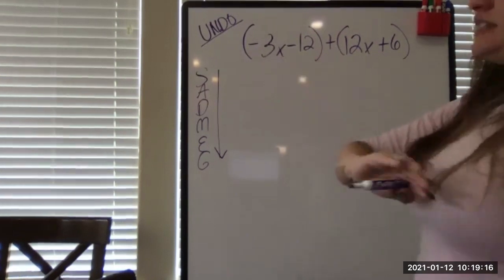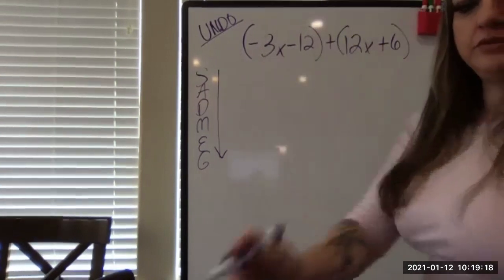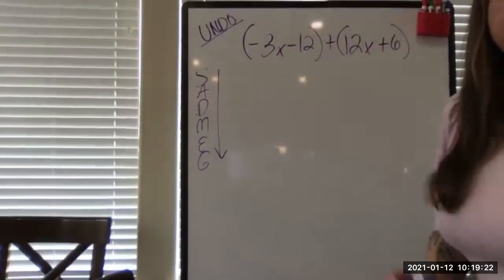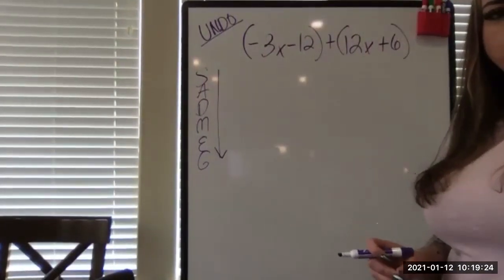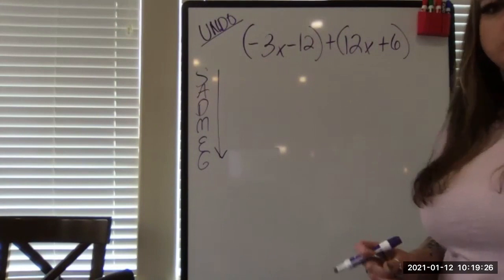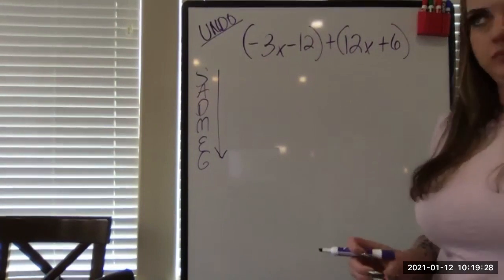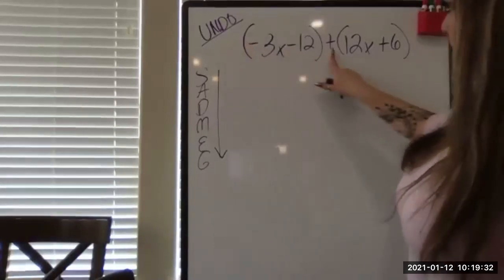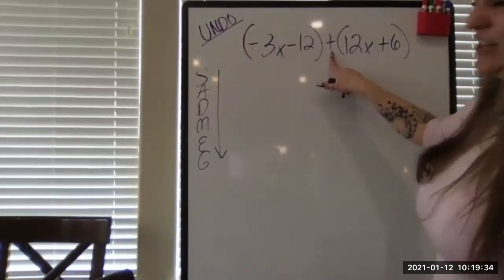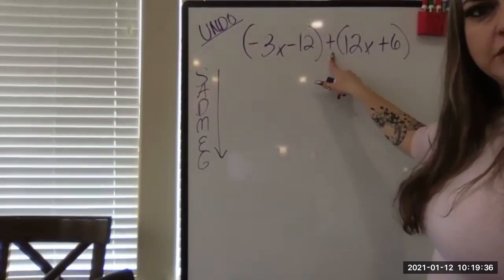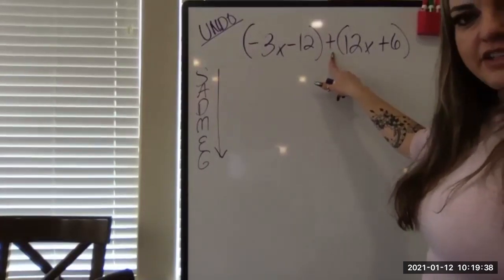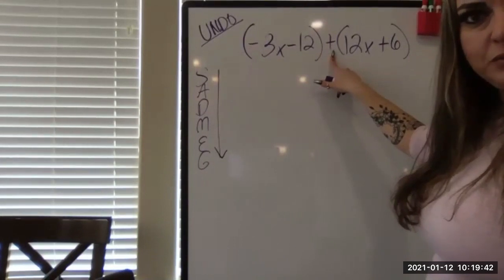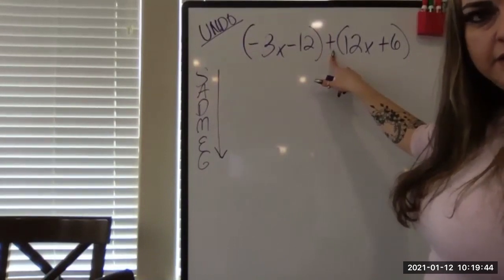Is there anything to distribute? No. How do you know? There's no number sitting outside of the parentheses, right? There's a plus sign here though. I taught you that there's actually a number here with this symbol. What is it? 1.